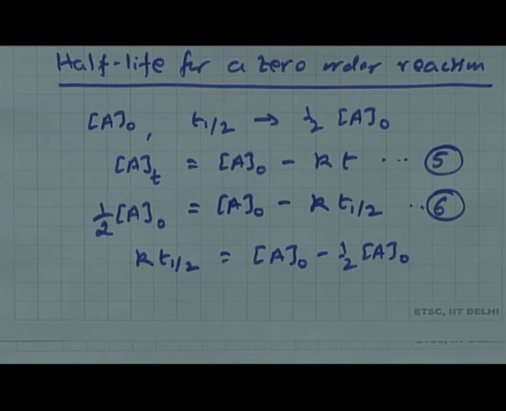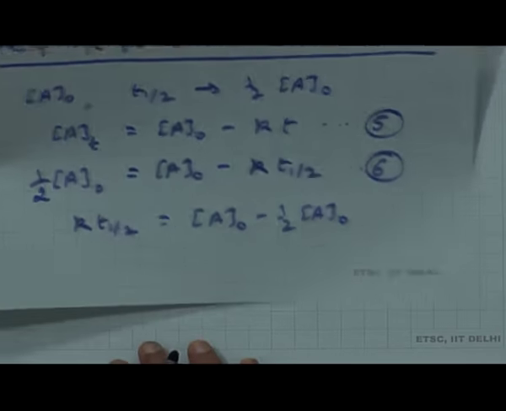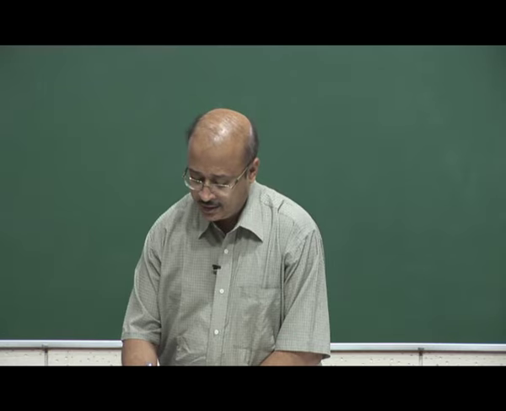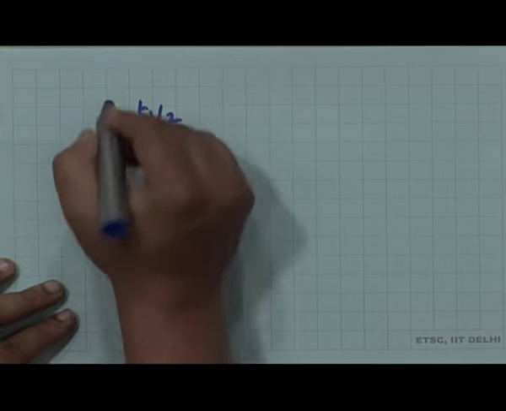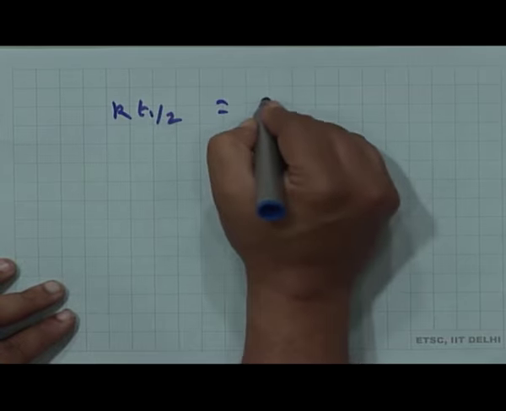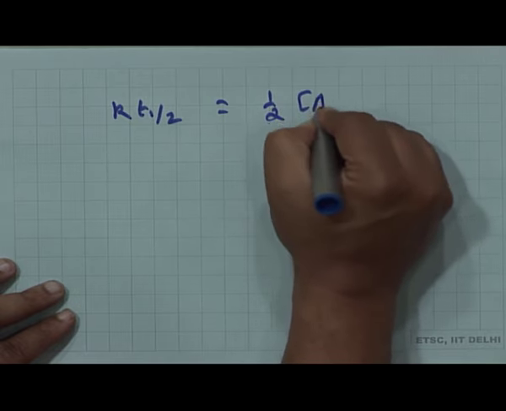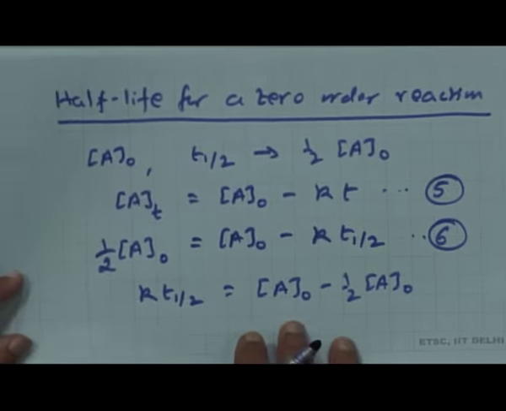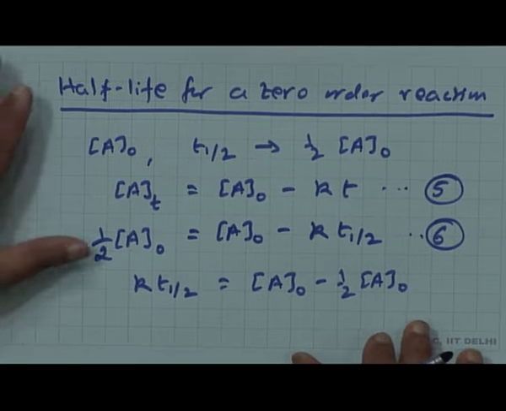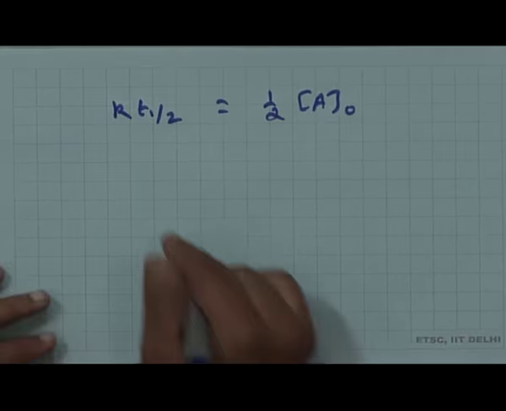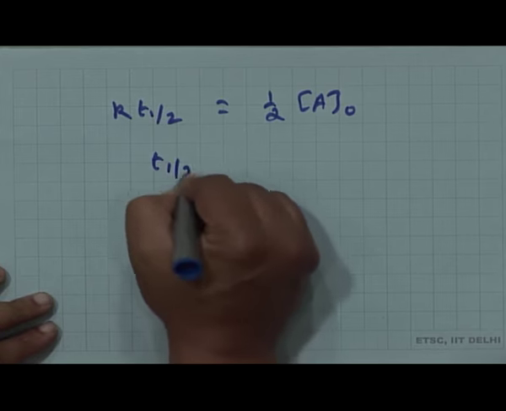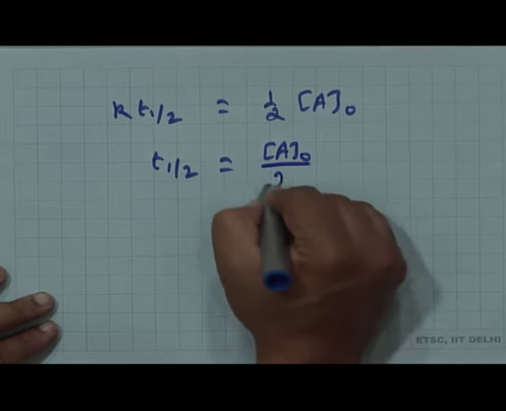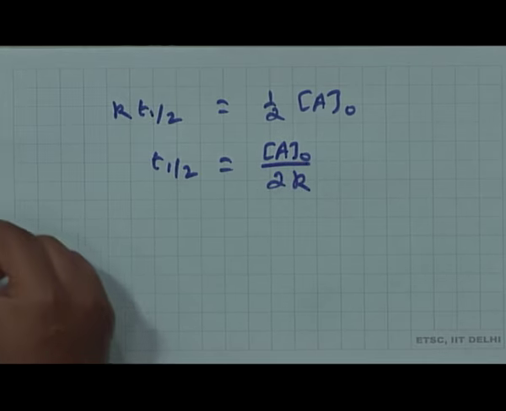So, k t half is equal to half A naught, because A naught minus half A naught is half A naught, and hence t half is equal to A naught by 2k.